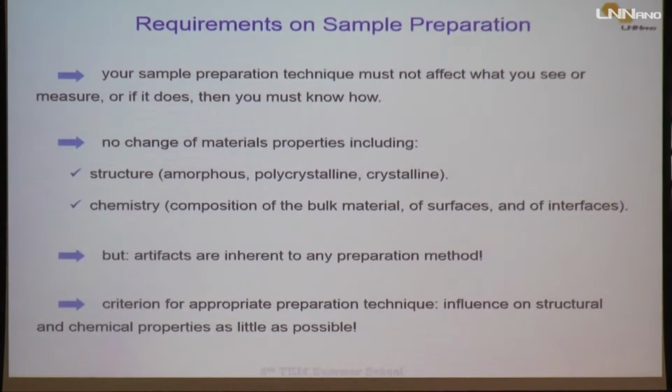If you want to show exactly these characteristics of your material, you cannot change it before putting it in the microscope. Also, it's important to take into account that the chemistry of your material may change when you apply some method for sample preparation.